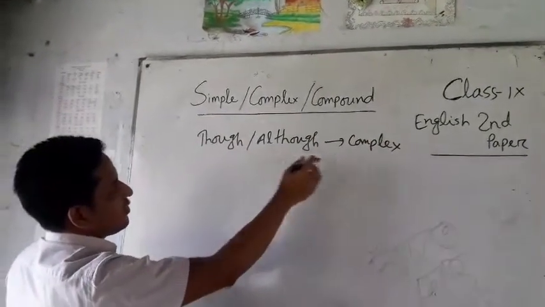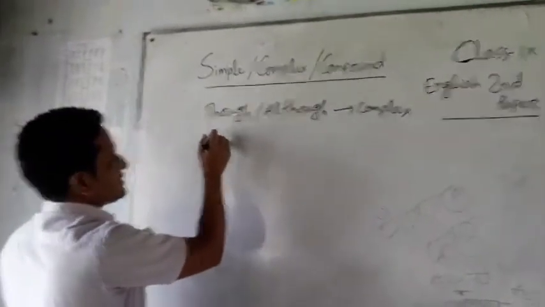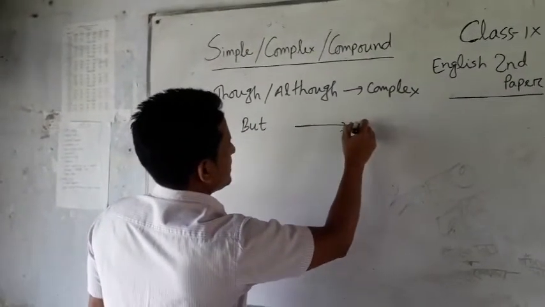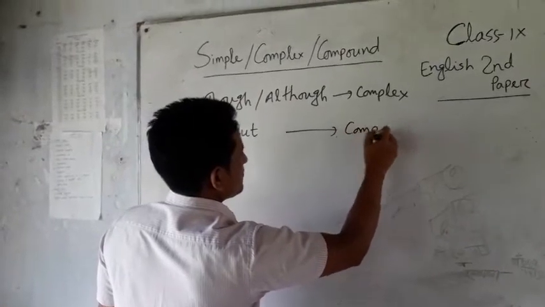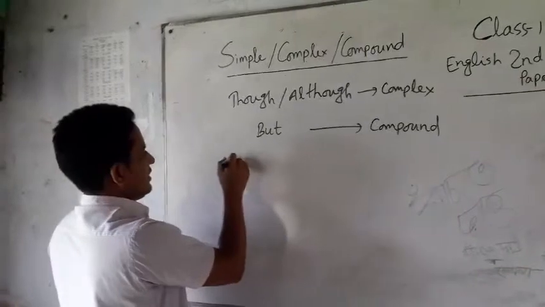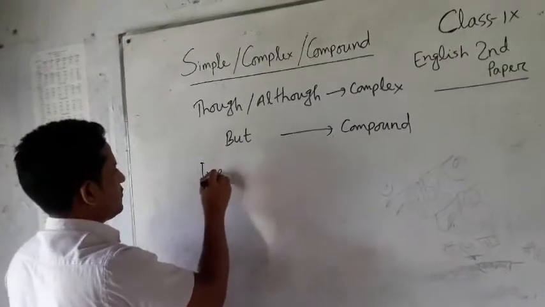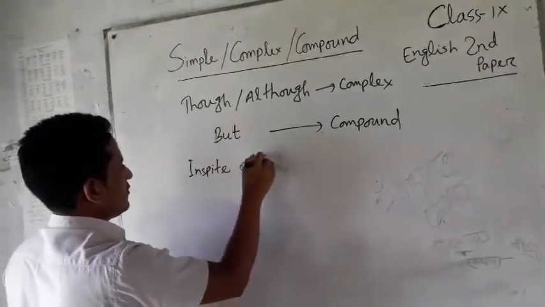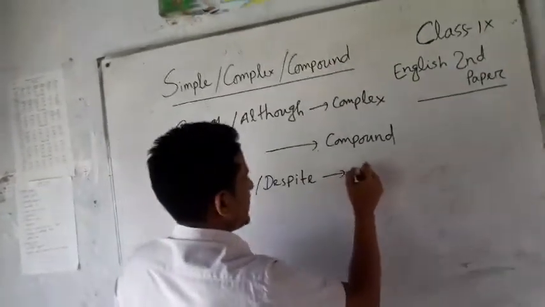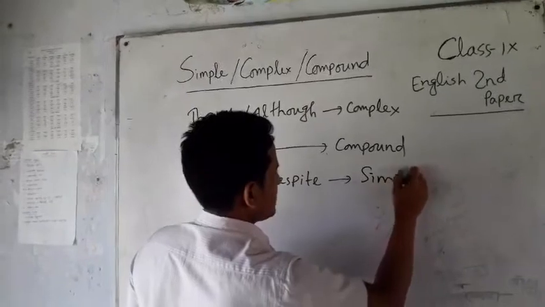If we find though or although in a complex sentence, we will use but in compound sentence, and in spite of or despite can be used in simple sentence.